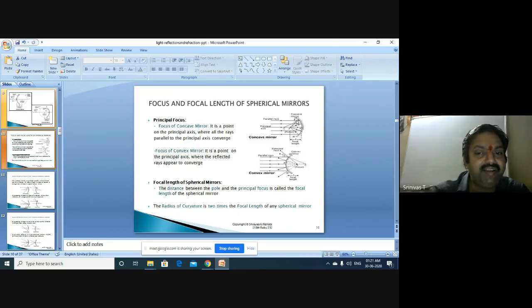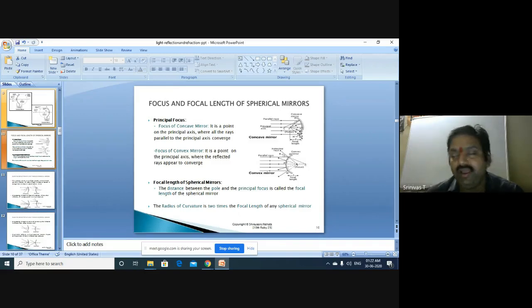Once they get reflected from the inner surface, they all converge at a particular point, which is said to be the focus. You can see the focus lies between the pole and the center of curvature. Wherever the light rays are focused, it is said to be the principal focus.